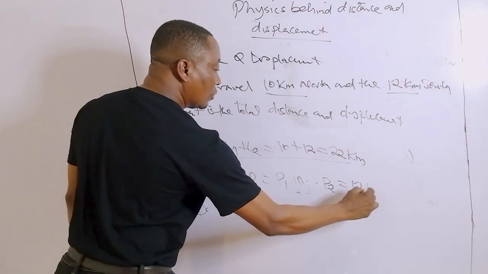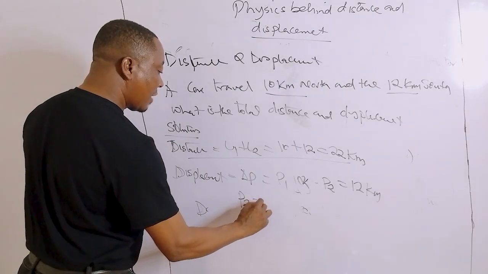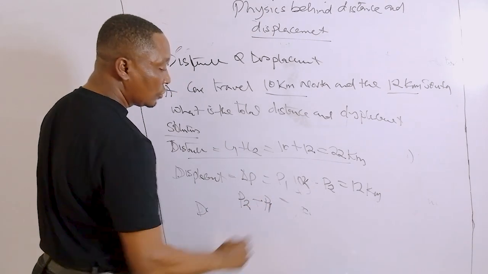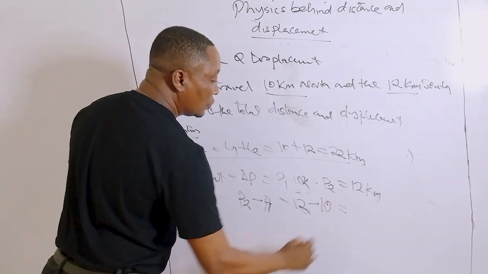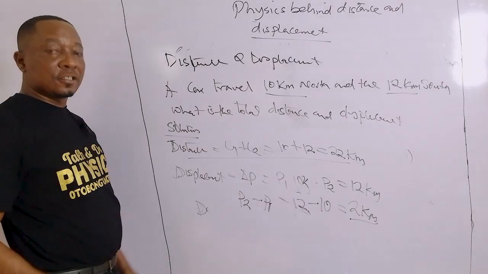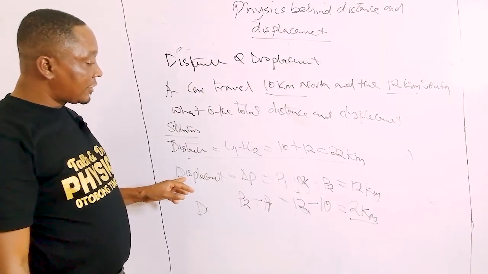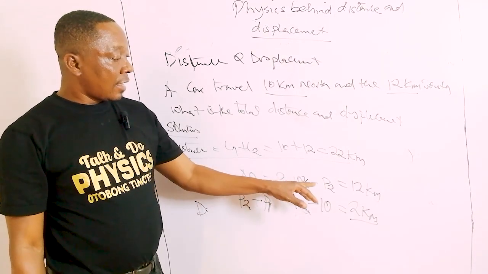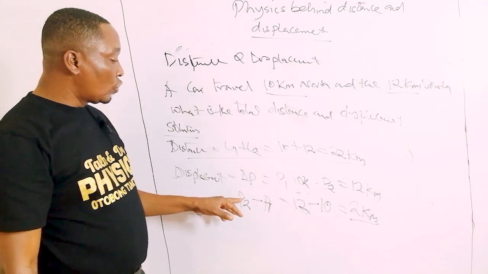So we now have kilometer. So we now have P2 minus P1 equals 12 minus 10. This equals 2 kilometer. That means that is the displacement of the car. So the displacement is change in P, where P1 equals 10 and P2 equals 12. Change in displacement is P2 minus P1.